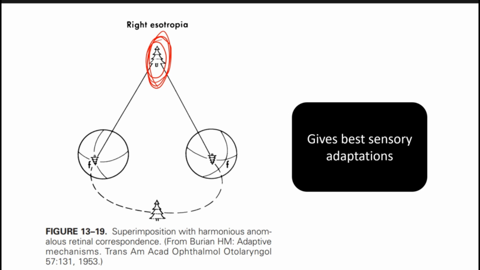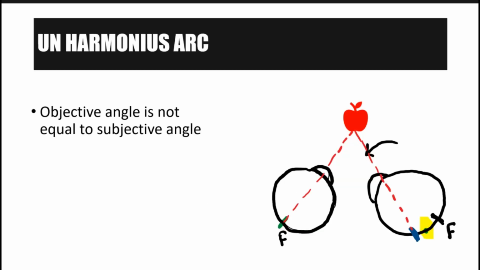So in harmonious abnormal retinal correspondence, the fovea develops correspondence with the exact point where your object is being imaged on the retina, and therefore it is called harmonious. However, if the fovea develops correspondence with another point on the retina which is closer to that abnormal point but not exactly that point, that means there is still some amount of work that the fovea or the eye needs to do, right? So that is called unharmonious abnormal retinal correspondence.